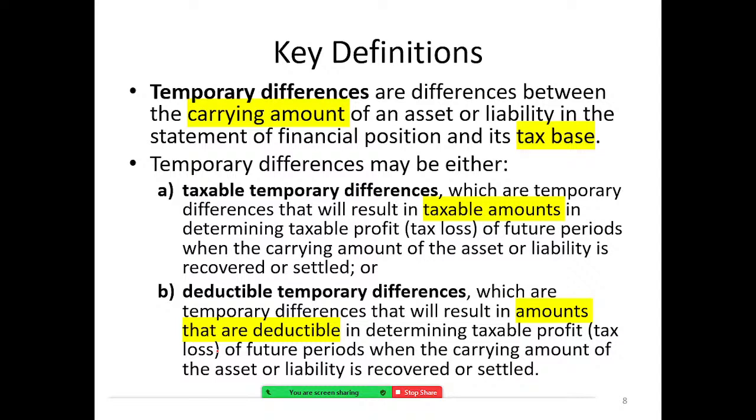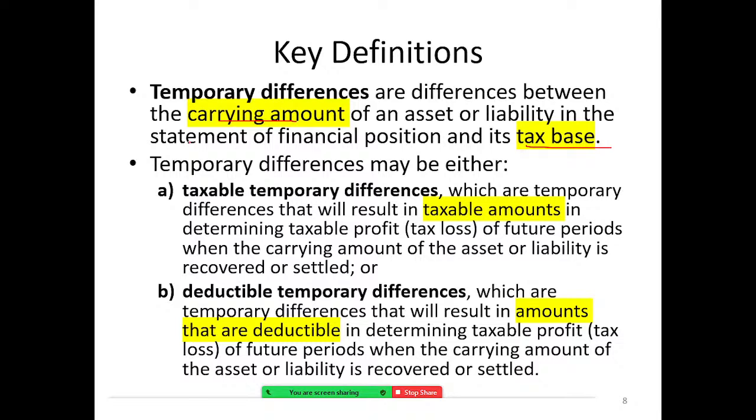Tax base is prepared for tax purposes. You can find it in the calculation of the income tax statement. So temporary differences arise due to what? Due to the differences between carrying amount and tax base, right?